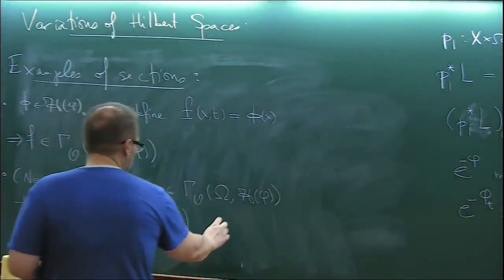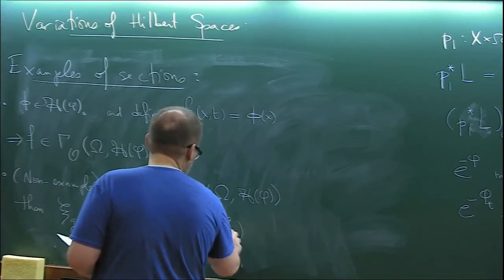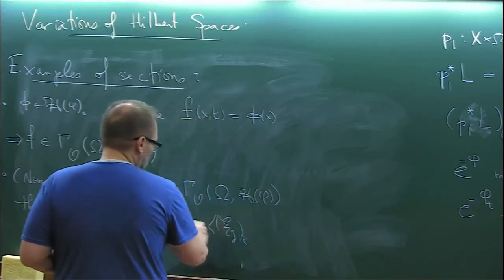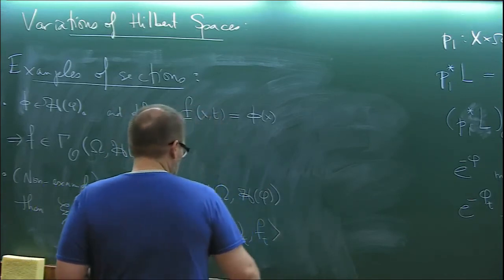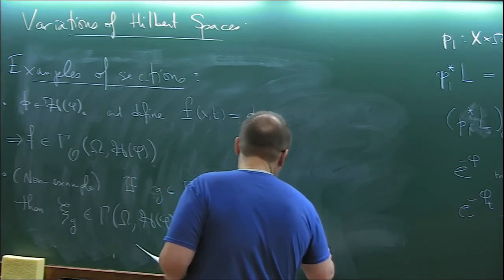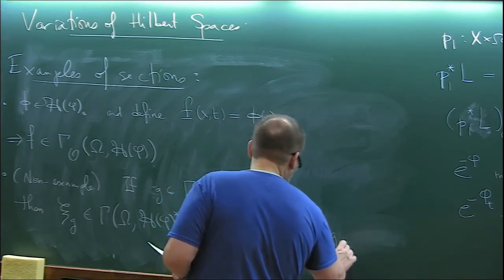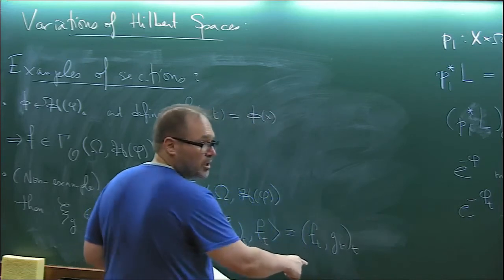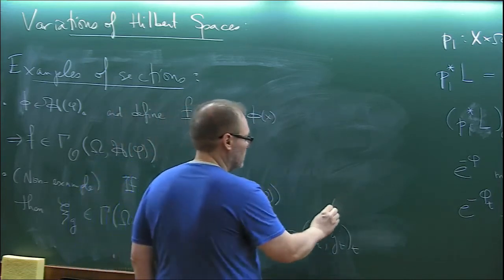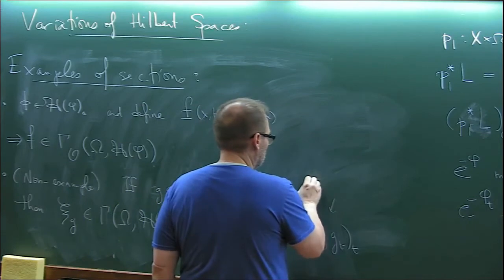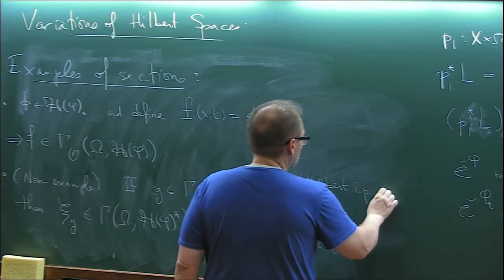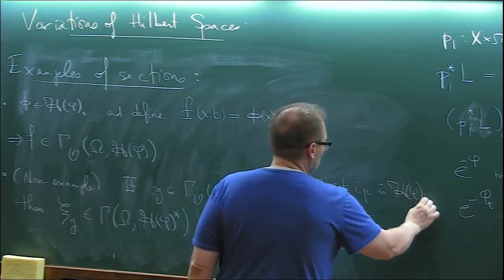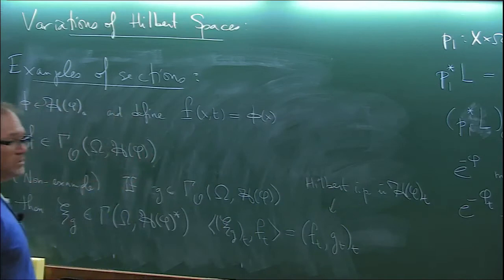This will be defined by, so C sub G T acting on, say, F sub T is just the inner product of F_t with G_t. This is the Hilbert inner product in H phi sub T. Okay, so this is a smooth section, but it's almost never holomorphic.